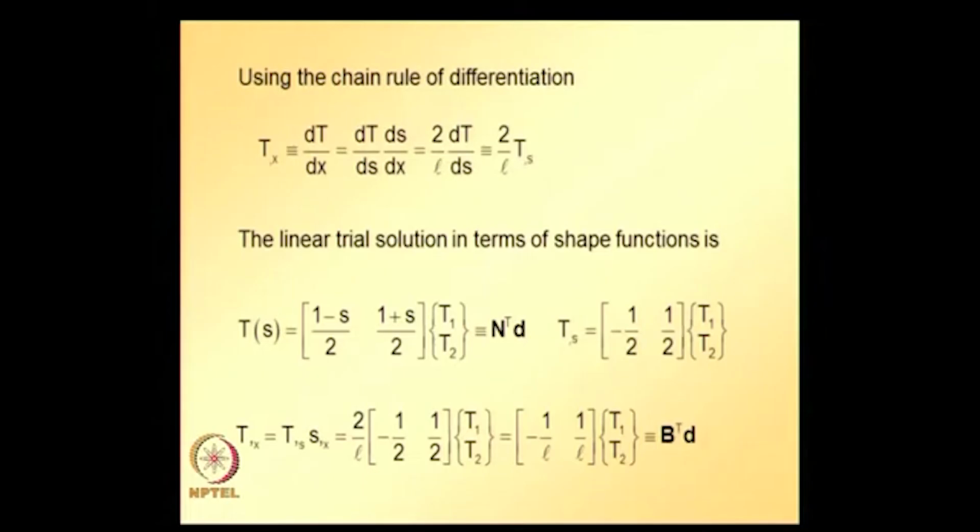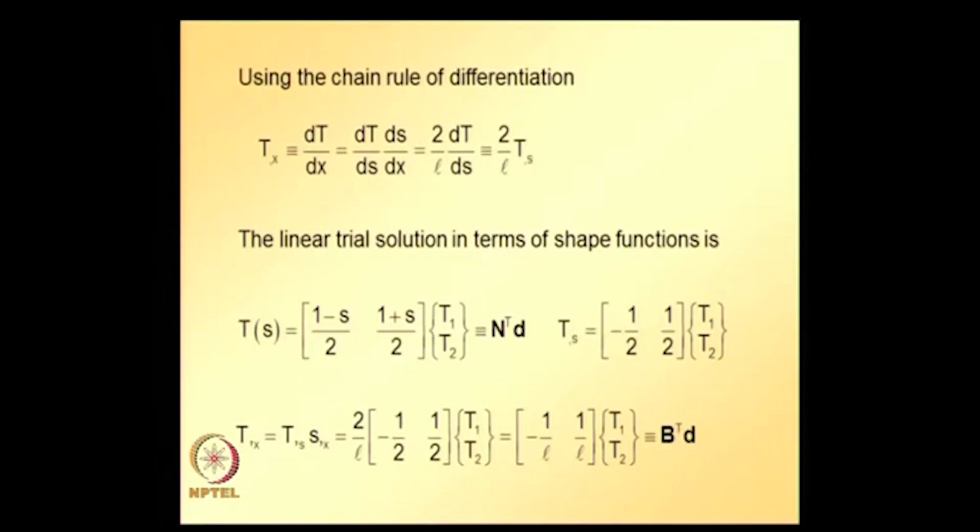The derivative of T with respect to x is the derivative of T with respect to s times the derivative of s with respect to x, and which can be compactly written as B transpose d, where B transpose is defined as minus 1 over L, 1 over L put in a matrix form, or it is a row matrix.